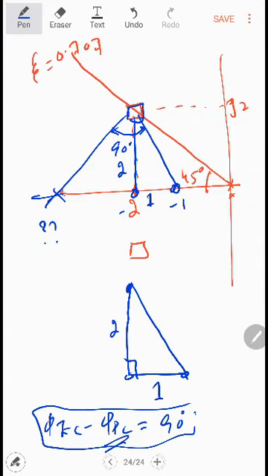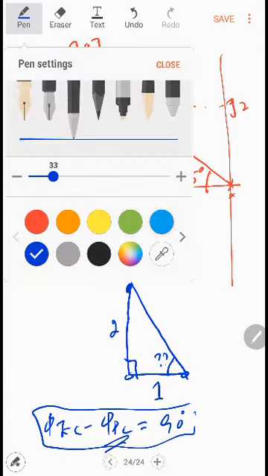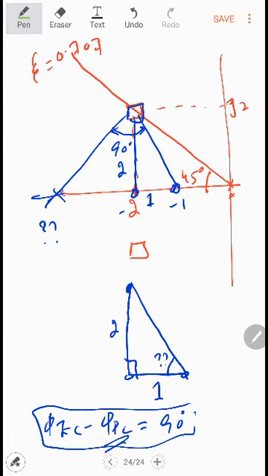Let us say we are interested to find this angle. Because this is a right angle triangle, we can use the Pythagoras theorem over here. So this will be equal to 2 squared plus 1 squared, which is equal to square root of 5.